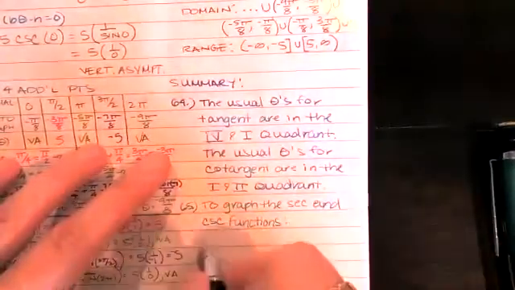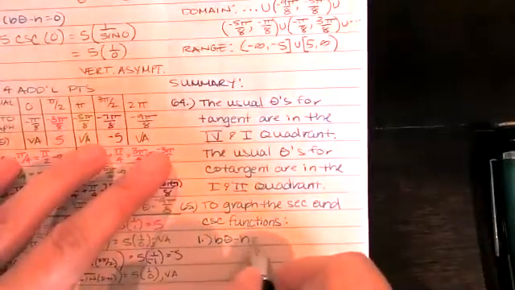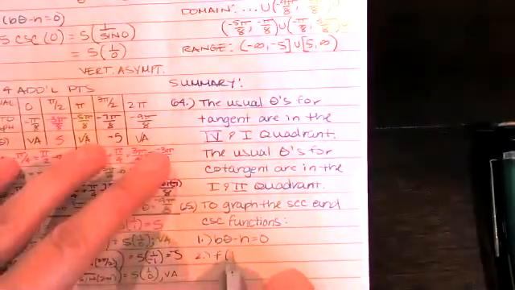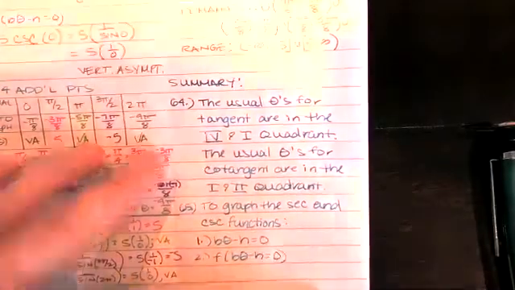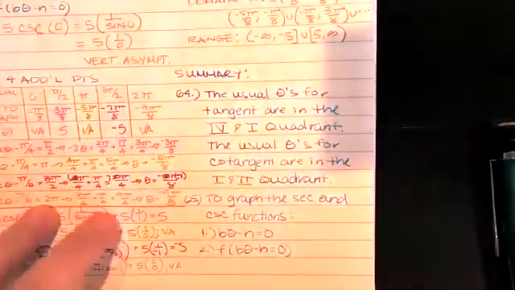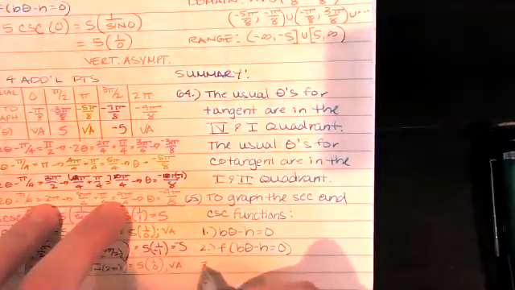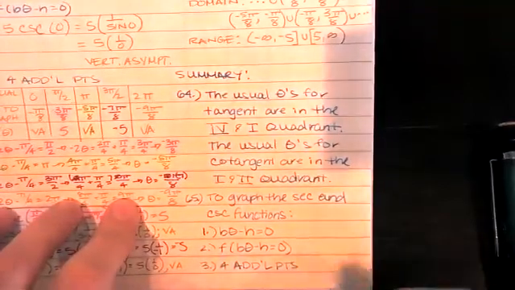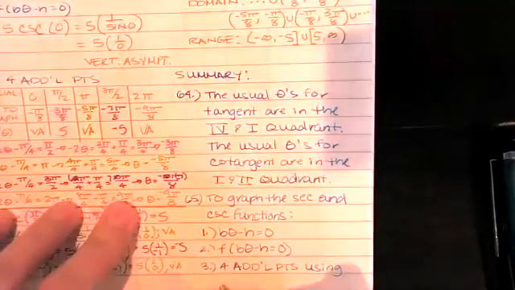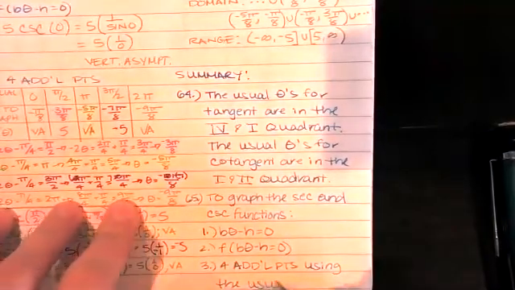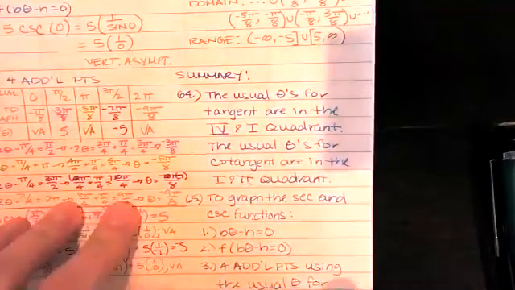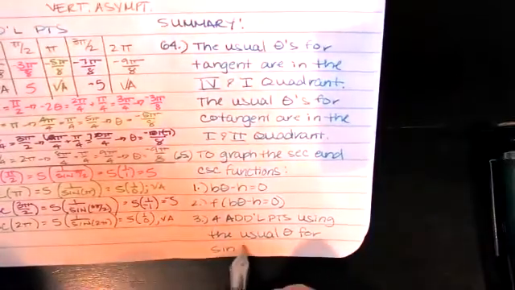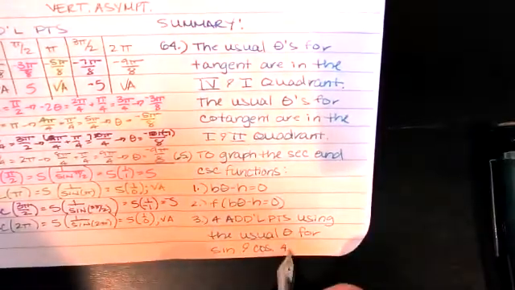It's not really any different. The first step is to set b theta minus h equal to 0, right? The second step is to find out what the y coordinate is when the horizontal transformations are all equal to 0. The third step is to come up with 4 additional points using the usual theta for sine and cosine. And then the fourth step is to graph.